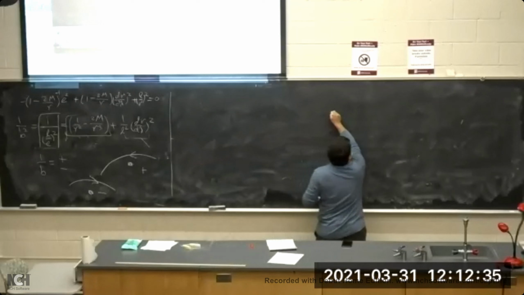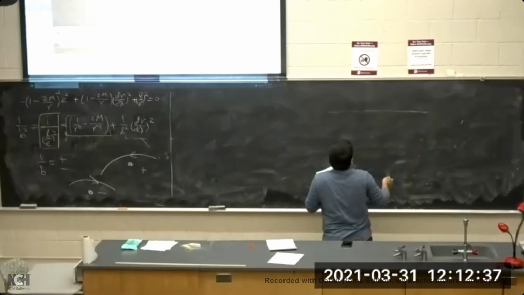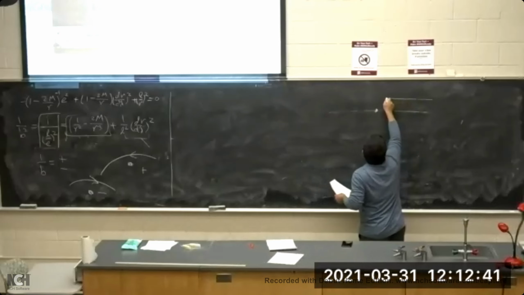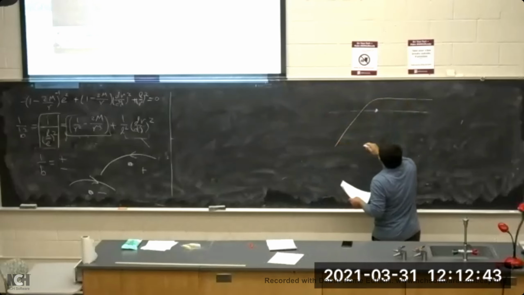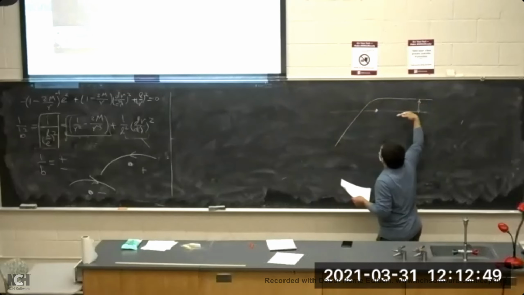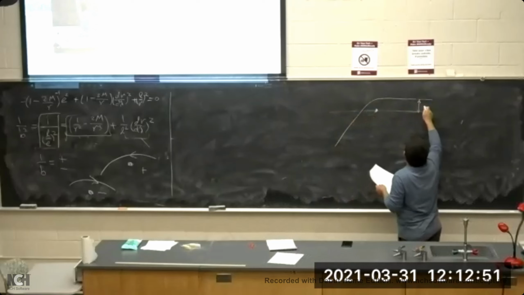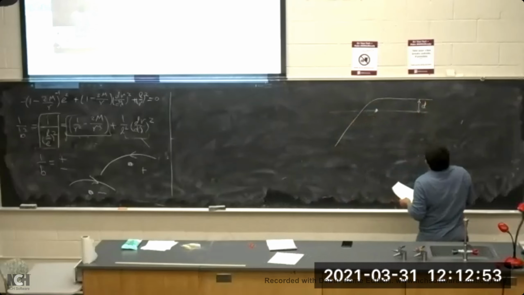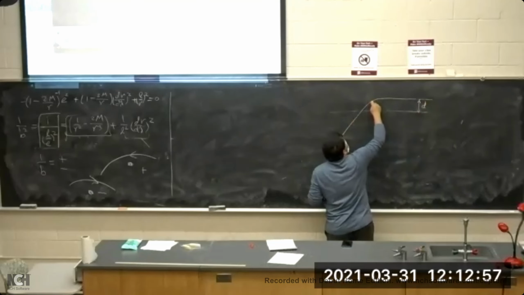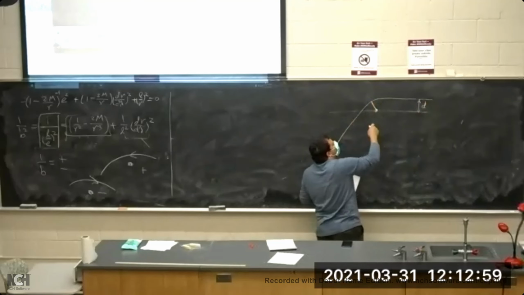As always in scattering calculations, we have a coming ray, and this ray is bending, and it is away from the axis of symmetry by D. This is the minimum, or the turning radius.